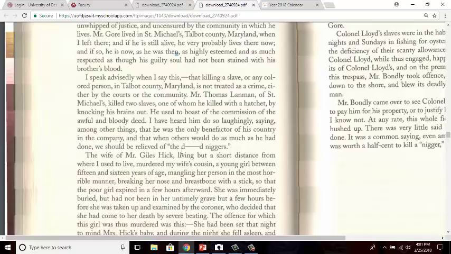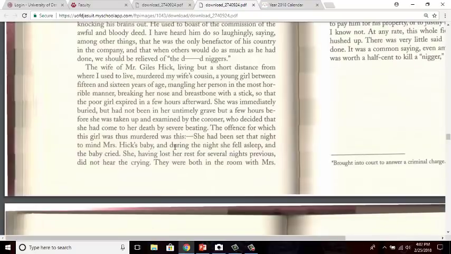And we provide other examples. Thomas Lanman, who killed his slave with a hatchet, and it goes on further. The wife of Mr. Giles Hicks, who lost her temper and commits horrible kinds of acts.